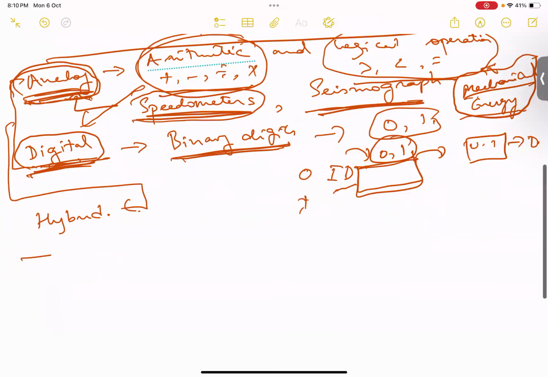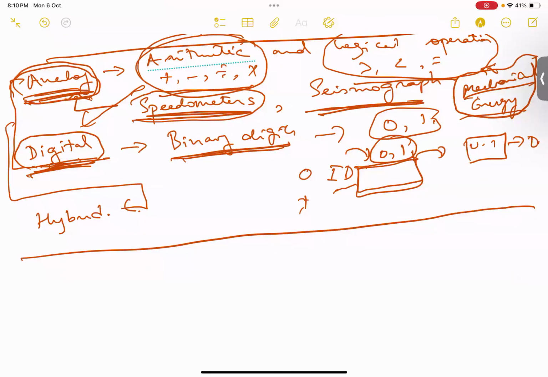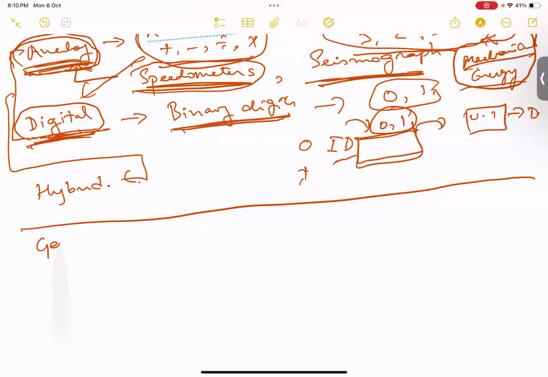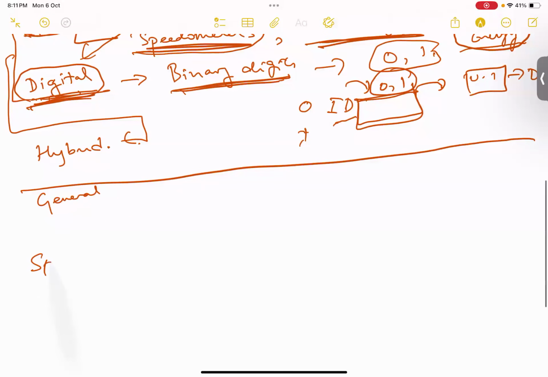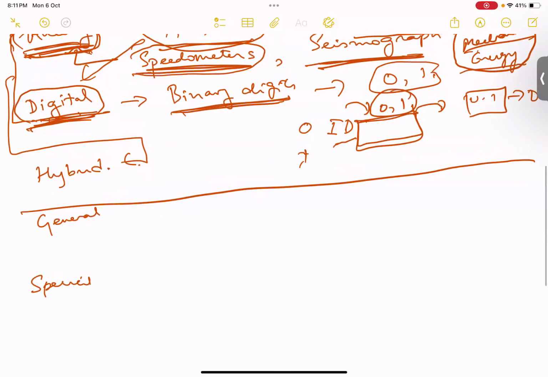Now, sometimes computers are also divided into general purpose computers and special purpose computers, okay? Now, Ajay, I forgot to mention one thing. Hybrid computers, an example where they are used: in dialysis and ECG, right?